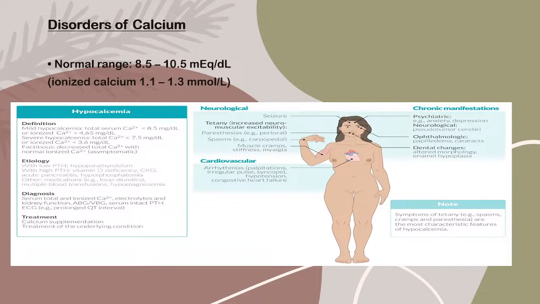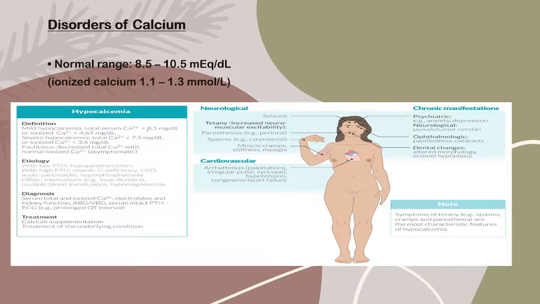So first we will discuss hypocalcemia, that is decreased calcium inside the body. First, we will discuss the definition. All right. The definition of hypocalcemia is divided into mild and severe.